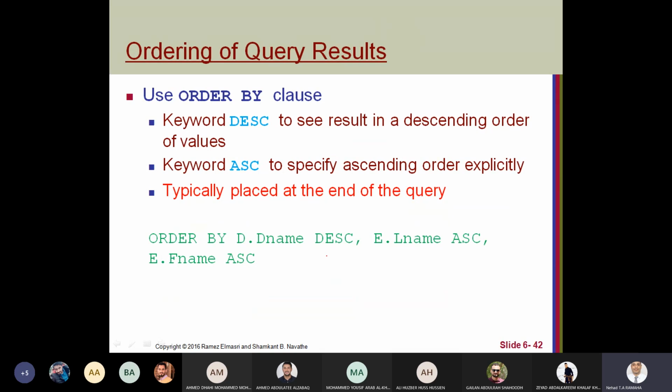But if I need the result to be ordered ascending or descending, I can use the keyword DESC or ASC with the keyword order by. So we have a clause, meaning a part of the statement.